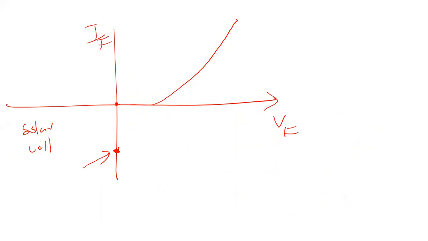Another thing, the actual design of a solar cell is like this. In a solar cell, it is not like a normal p-n junction.